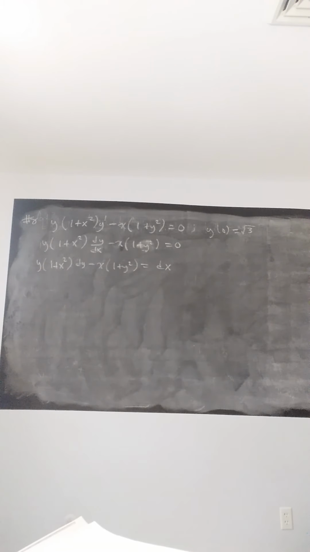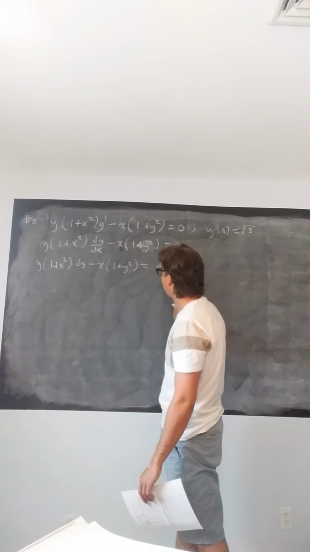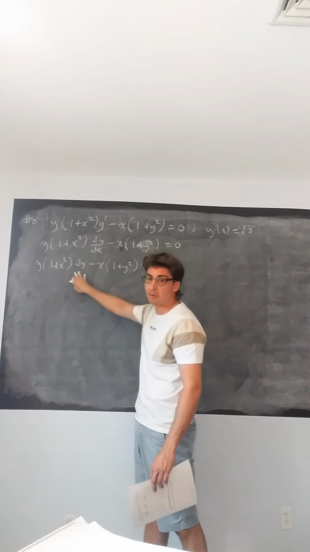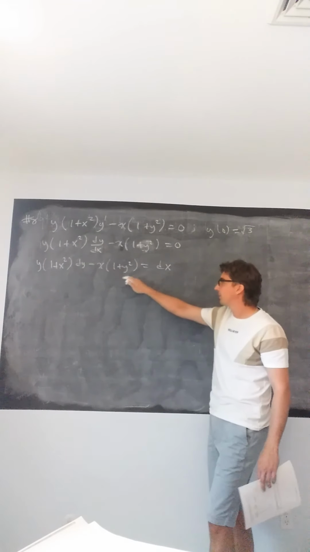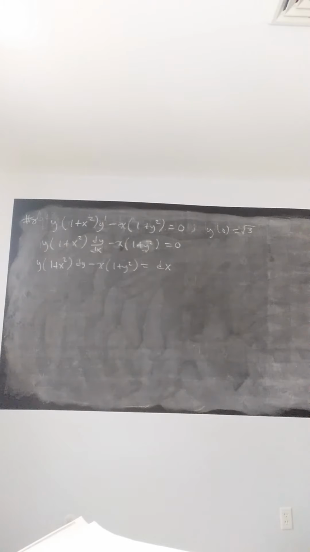And now I'm going to try to manipulate this a little bit. As you can tell, we have a lot going on. We have y times a bunch of x stuff dy, and you got a minus x times a bunch of y stuff equals dx. Think about what you want to do here mentally on your next step.